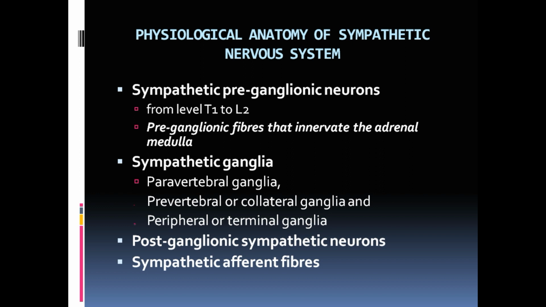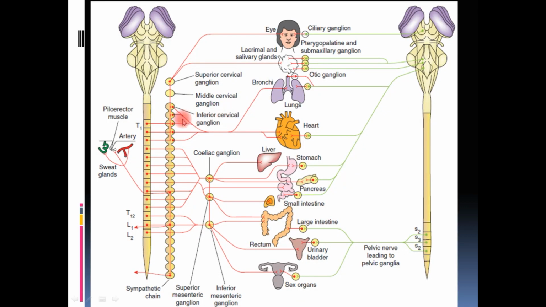So these neurons, as we have seen in the figure, are arising from the thoracic segment and the lumbar segment, T1 to T12 of the thoracic segment, as well as L1 and L2 segment of the lumbar segment of the spinal cord. So this is how the preganglionic neurons are arising.